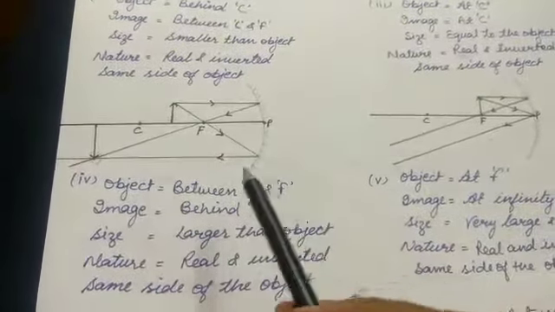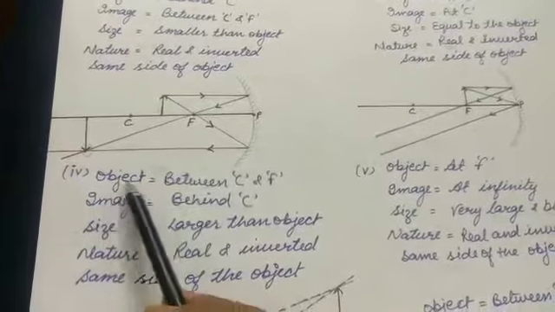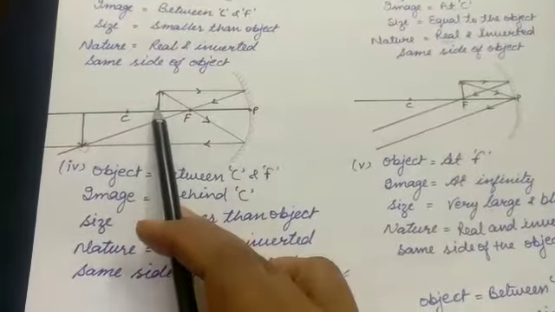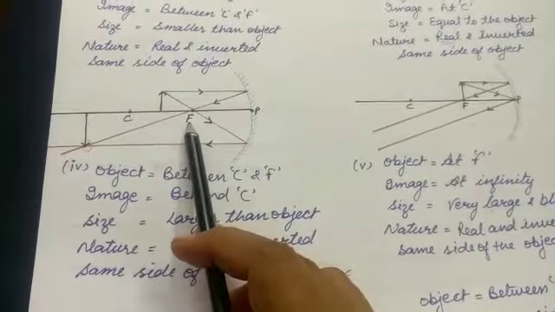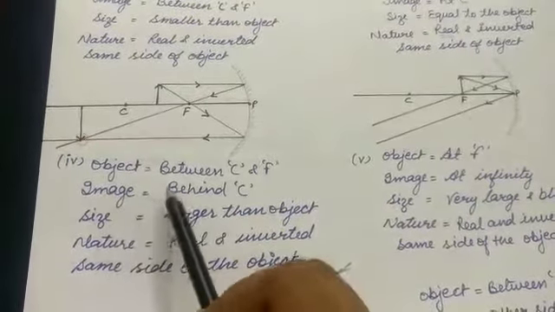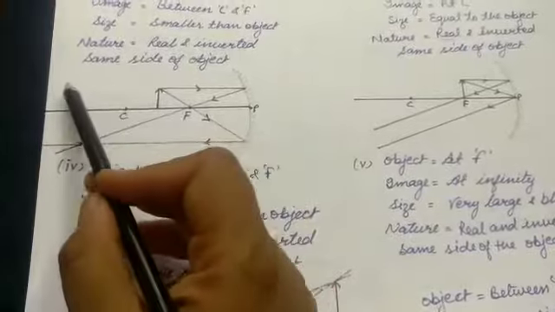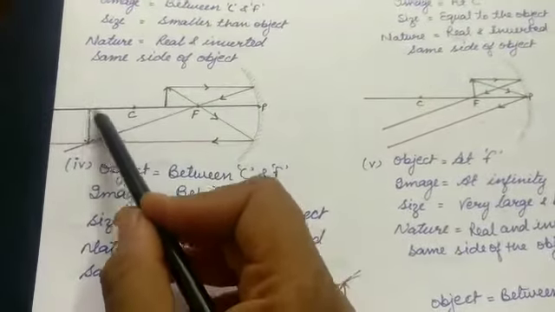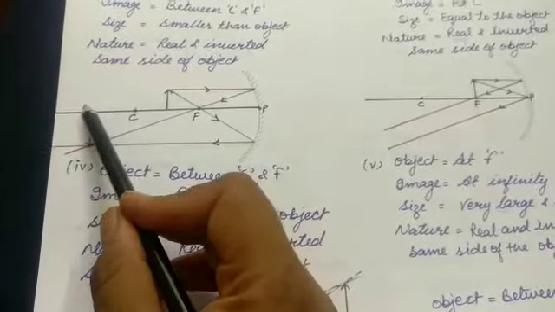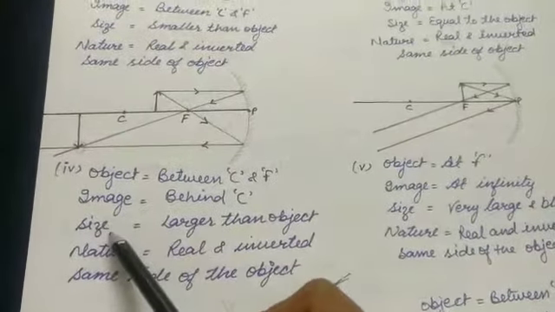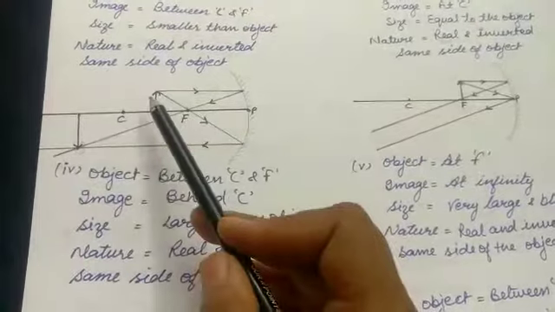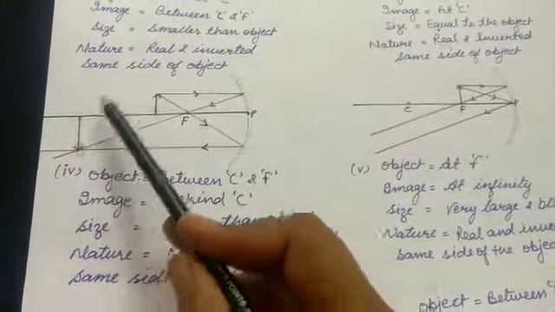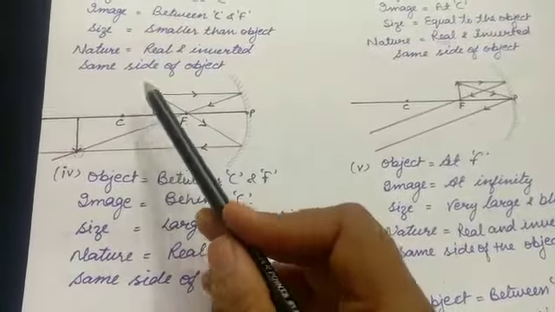So let us see what information do we get. We see that the object is placed between C and F. Here the object is formed between curvature and focal point. See here the image is formed behind the C in this case. Object is coming closer and the image is getting back. So the image is formed behind the curvature here. If we see the size, you can easily get to know that in this case the image of the object is larger than the object.